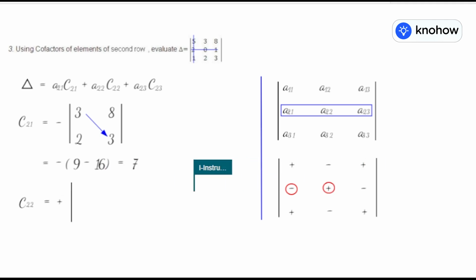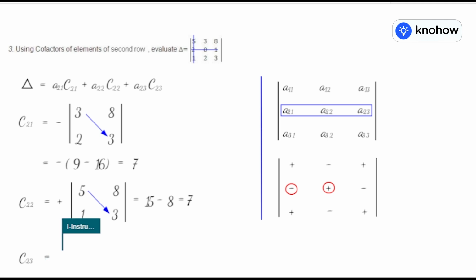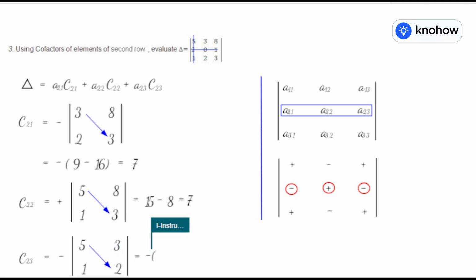Delete the row and column through C22, you have 0 at that place. So you are left with 5, 8, 1, 3. The value will be 15 minus 8, that is 7 again, by the way. And then C23, the place C23 is negative, and by deleting the row and column through this element, you are left with 5, 3, 1, 2. Just work out: 10 minus 3, 7, and with the negative, so negative 7.